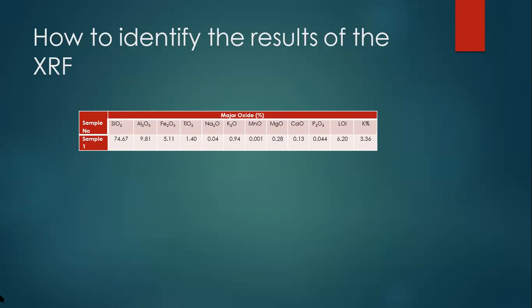And we can see here that the CaO has the smallest amount. But as I said before, we need to analyze more than 10 or 20 samples in order to identify the major oxides we have. This was a brief on how to interpret the XRF results that we have.